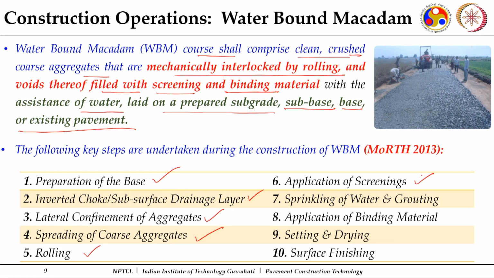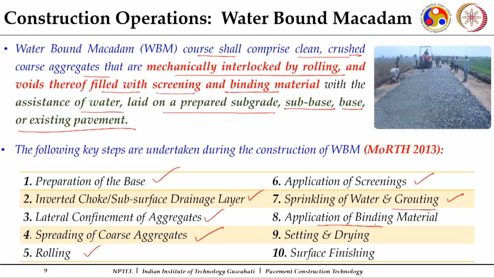Thereafter, application of your screenings is there, then followed by sprinkling of water, which allows the screening material to go inside the voids, simultaneously followed by compaction, and this screening material goes inside the voids and the grouting of those voids is done.